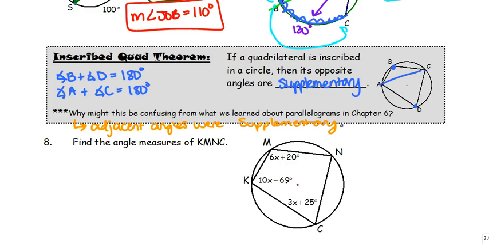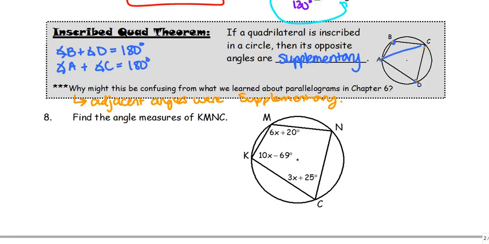If it's a parallelogram, then the angles right next to each other are supplementary and opposite angles are congruent. But when your quadrilateral is inscribed inside of a circle, again, all vertices are touching the circle, then opposite angles are supplementary. So if I want to use this theorem to solve, angle M and angle C, those are my opposite angles. So those are my angles that are going to be supplementary.